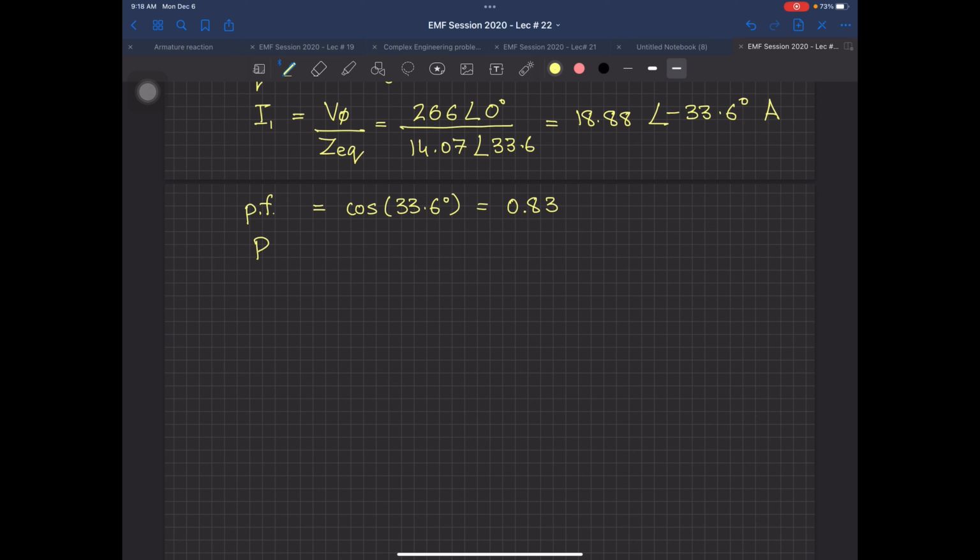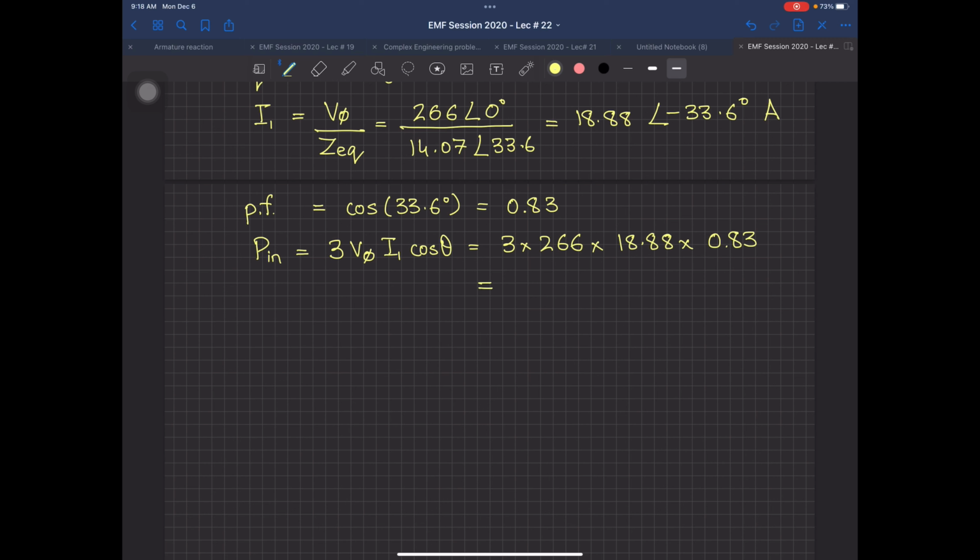And now since you will be calculating efficiency also, I will calculate my input power here. Input power will be equal to 3 V phase into I1 into cos of theta, which is actually power factor. So 3 into 266, I am only interested in magnitude, so this is 18.88 multiplied by, since cos of theta is already known, 0.83.